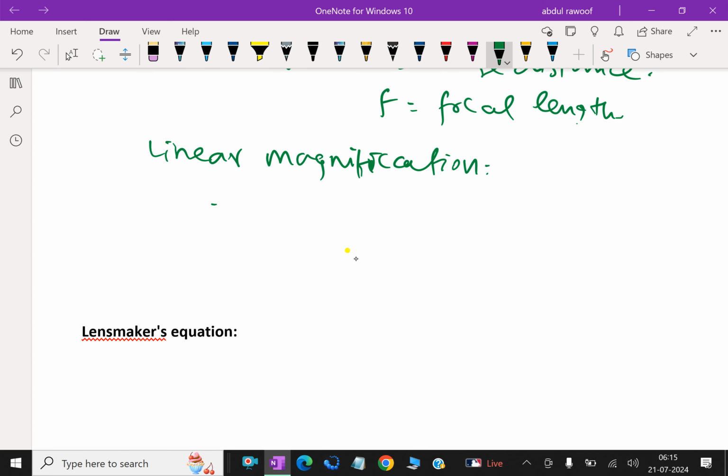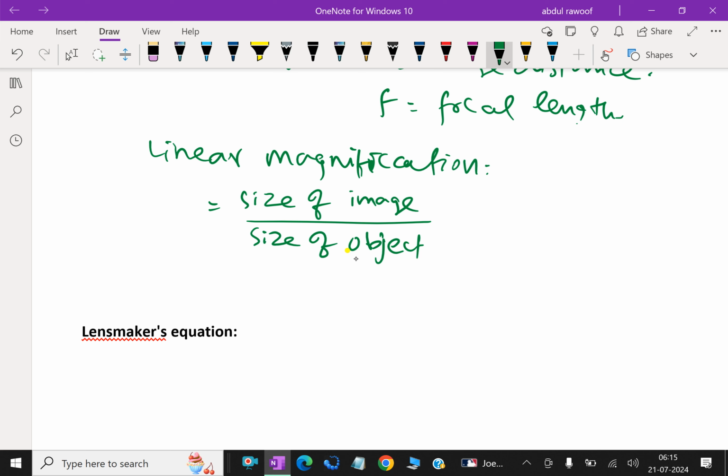It is the size of the image over the size of the object, which is further v over u. It's called linear magnification. You have to keep the modulus. For positive or negative, it gives the positive answer only.